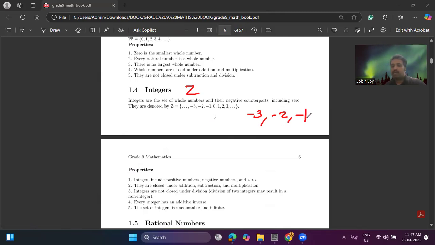These are the negative parts, right? And 0 and +1, +2, +3, like that. So all the negative values, 0 and positive values are included in the integers. So integers contain positive numbers, negative numbers, and 0.